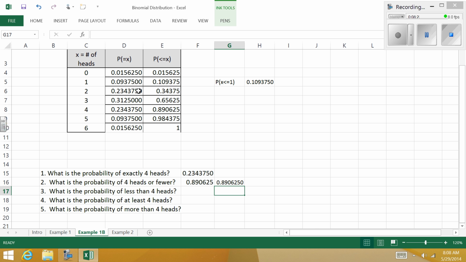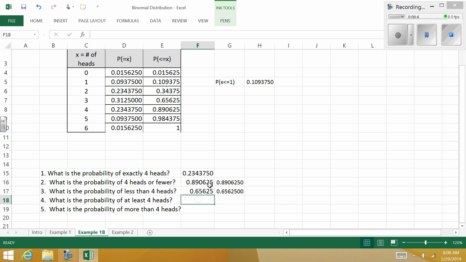We get the same value. Less than 4 heads would be 3 or fewer, so we can either use this value here, or again, alternatively, we can do the sum of 0, 1, 2, or 3 heads in those 6 tosses of the coin.